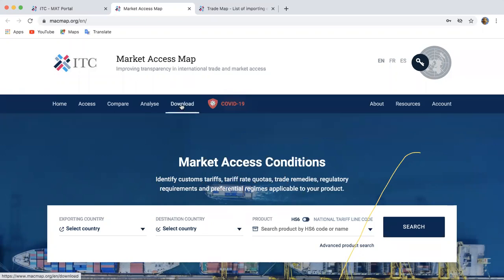In the download section, it is important to have your registered account, because then you can download your results. We have a page on COVID as well, where we never took into account non-tariff measures that were temporary before, unless they were trade remedies.